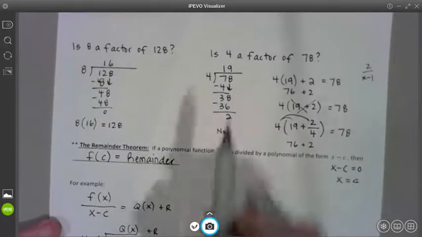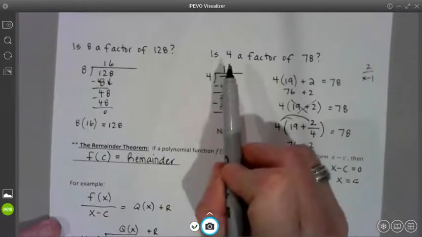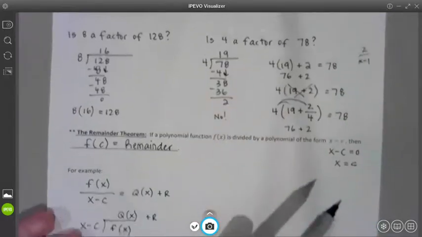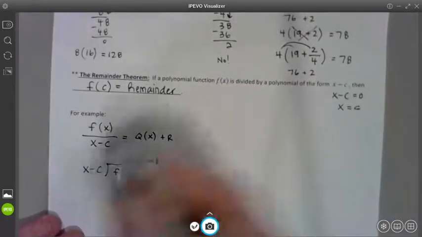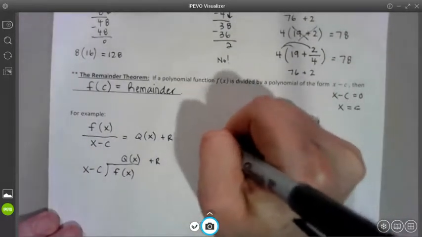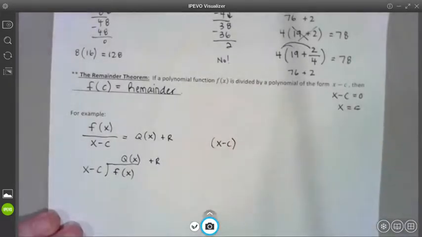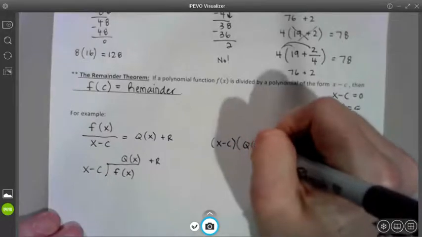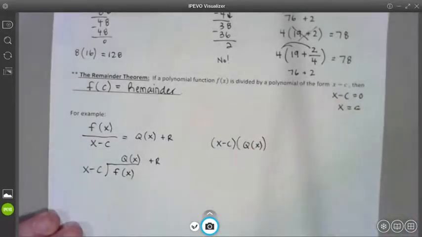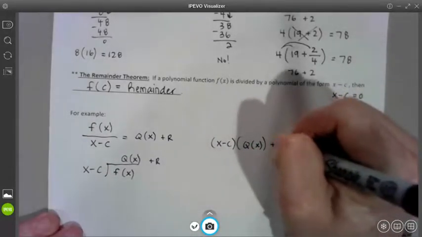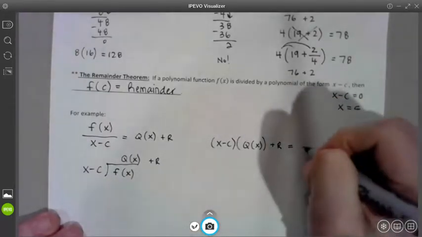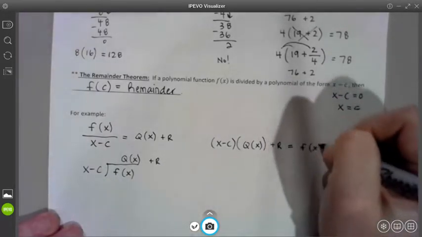If I take x minus c, what I divided by, and multiply it with my answer, this quotient polynomial, and then maybe add in some remainder, it's going to get me back to the original polynomial I was dividing into, okay?